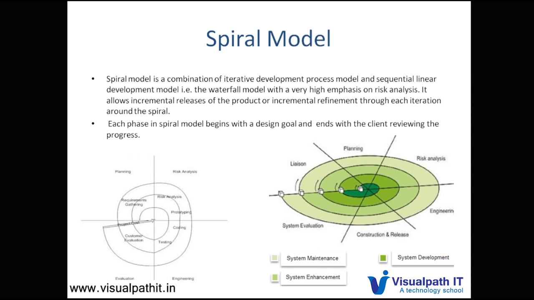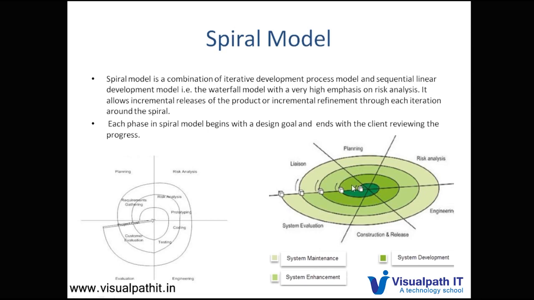So as we can see in this cycle, we can see different spirals. This spiral is nothing but one iterative cycle. As we can see, the inner, darker one is concept development. Concept development is when we get the requirement and we provide some prototype to the client.